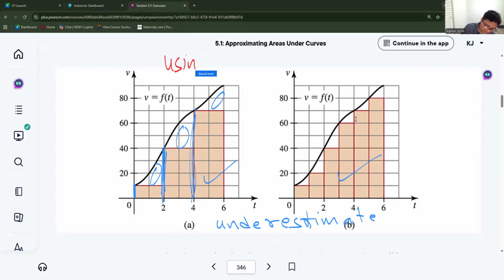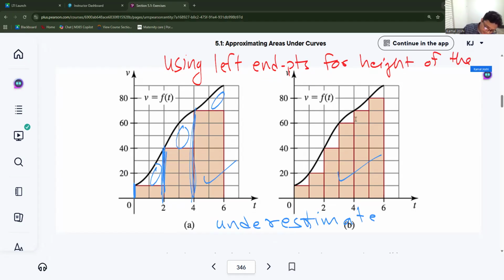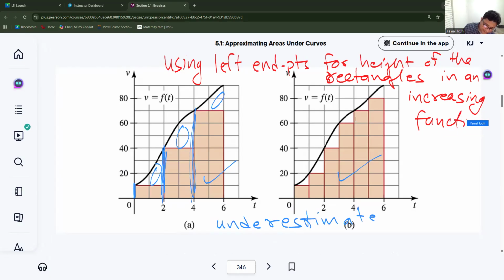Using left endpoints for the height of the rectangles in an increasing function implies what? Underestimation.